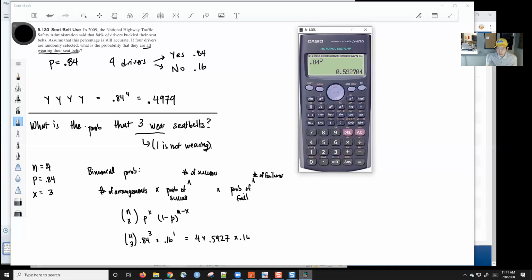Right, so I'm going to multiply this times 0.16 times the 4. Total probability is 0.3793.